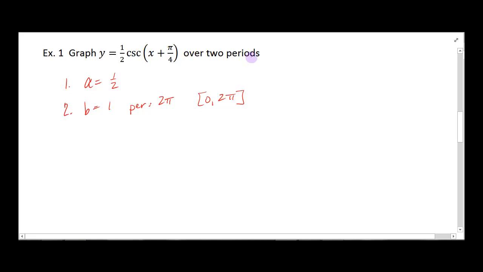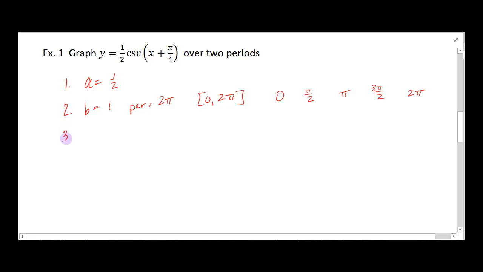So I'm going to go between 0 and 2 pi, just like I did in the past when I wanted to graph the sine function. Halfway between 0 and 2 pi is pi. Halfway between that is pi over 2, and halfway on the other side is 3 pi over 2.